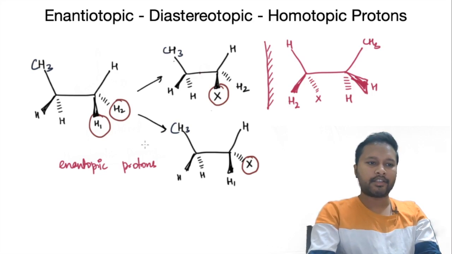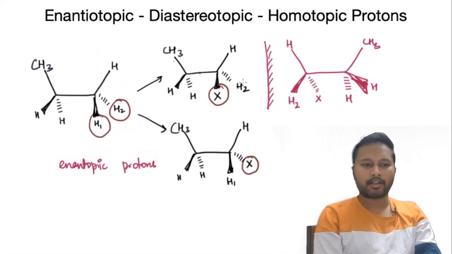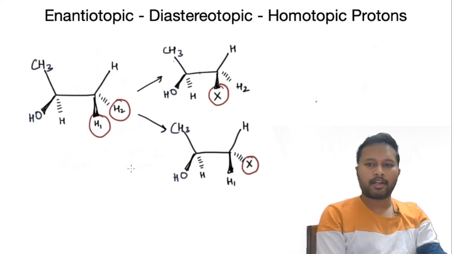Now let's change this particular molecule a little bit and see what we are going to get. All right, so now if you look at this molecule, what I have done is replace this hydrogen with some group, let's say a hydroxyl group over here. So this particular carbon has now become a chiral carbon, right? Since it is a chiral carbon, we are going to replace these two protons on the next carbon.